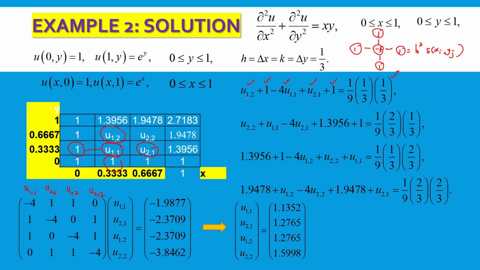So you see u12 here is 1, minus 4 u11, u21. u12 is actually here, u12 minus 4 u11, u21. And here let 1 be collected to the right hand side.